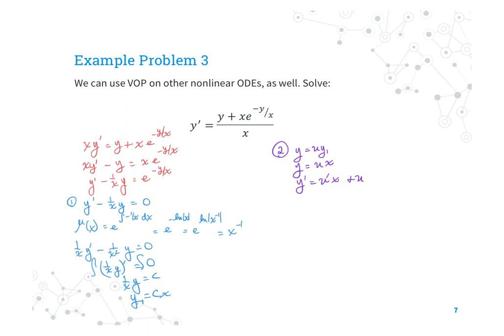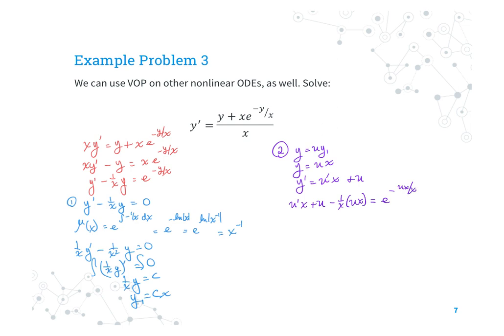So now I'm going to plug it back into this simplified version. y' is u'x + u, minus 1/x times y, and y is ux. And it's going to equal e to the negative y, which is ux, over x.